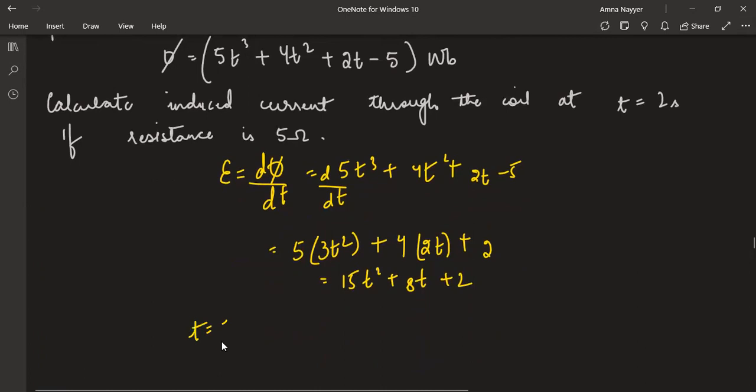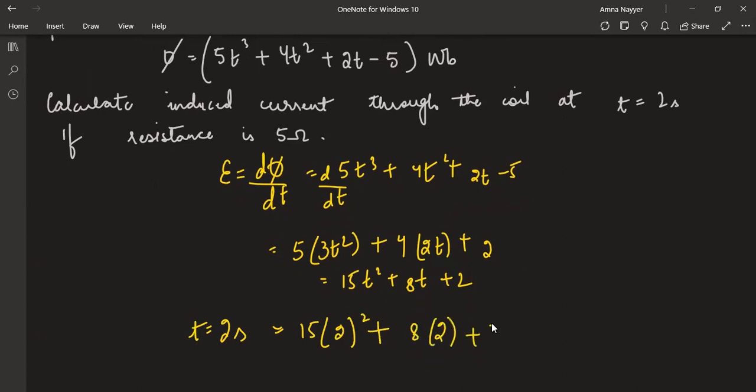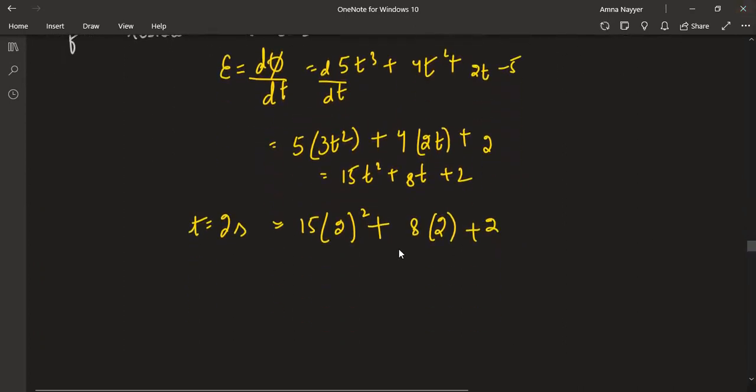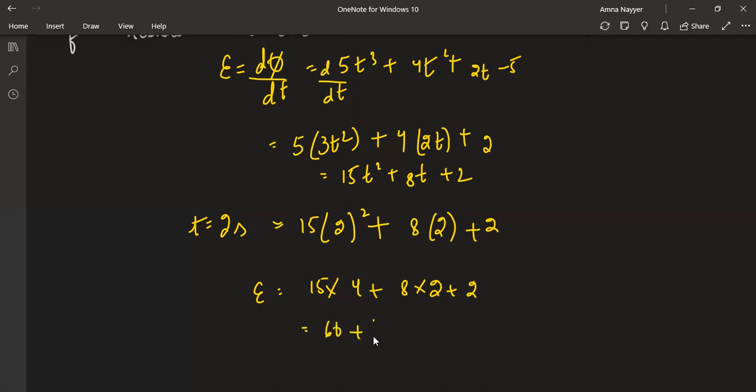Now put the value of time as 2 seconds. So 15 into 2 square plus 8 into 2 plus 2. So EMF will become 15 into 4 plus 8 into 2 plus 2. So this will become 60 plus 16 plus 2, and that will become 78.